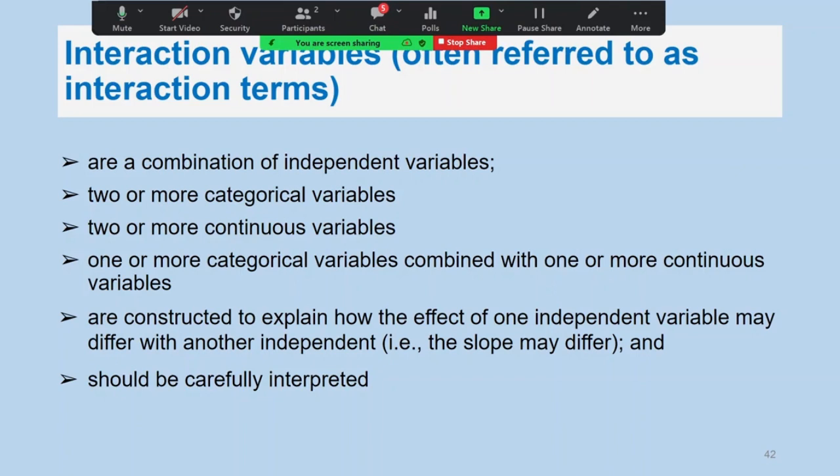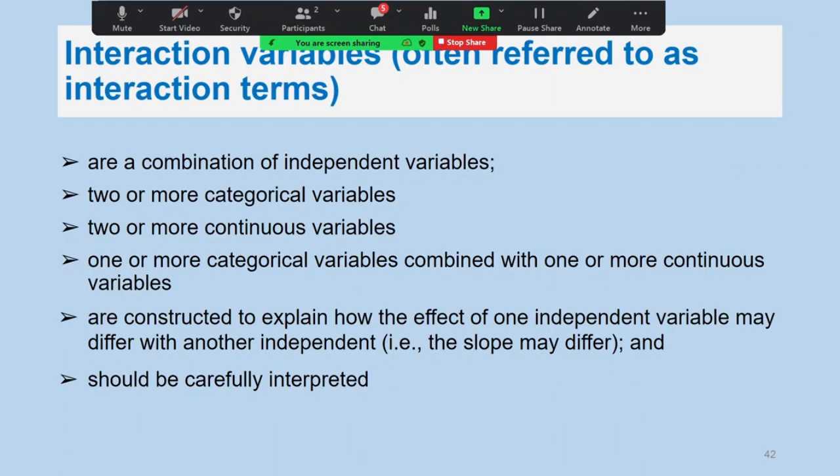One or more categorical combined with one or more continuous variables. So you can combine a continuous with a categorical. That's an interaction variable. It's constructed to explain how the effect of one independent variable may differ with another independent variable. So what are we saying here? The slope may differ. Essentially we're saying the relationship differs by the category, okay? Meaning the slope may differ.